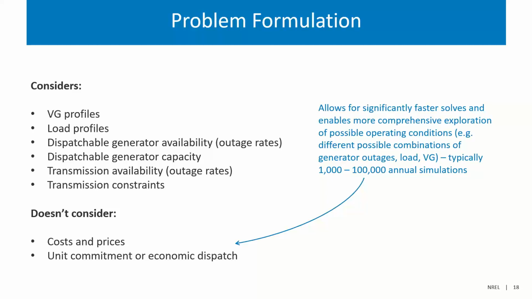That allows for significantly faster solves and for you to explore possible operating conditions through Monte Carlo simulation. Typically, with a lot of our studies, we're looking at 1,000 to 100,000 annual simulations for generator outages, load, and VG.